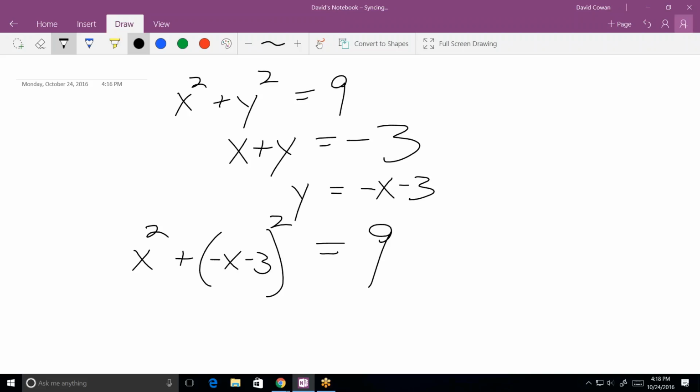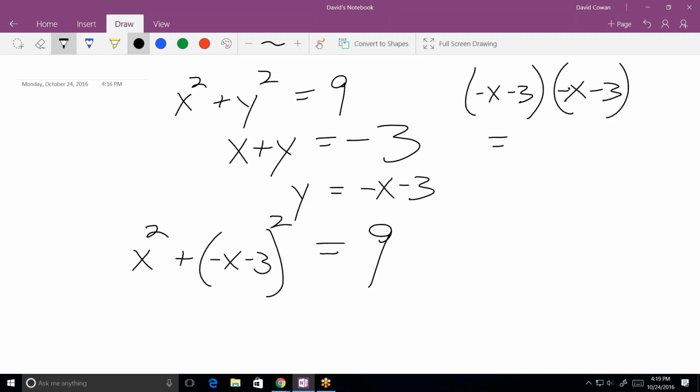Now, we've got to expand that. So what is minus x minus 3 times minus x minus 3? Just FOIL it.